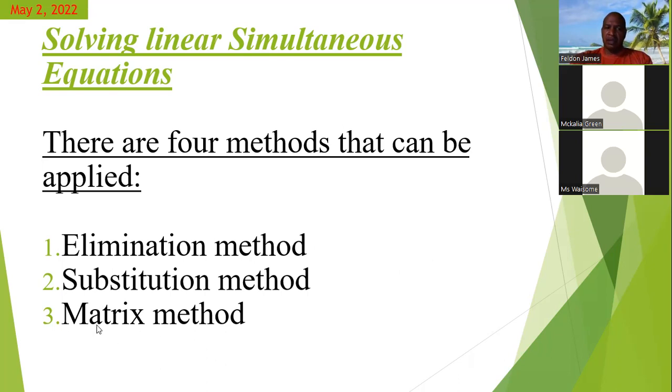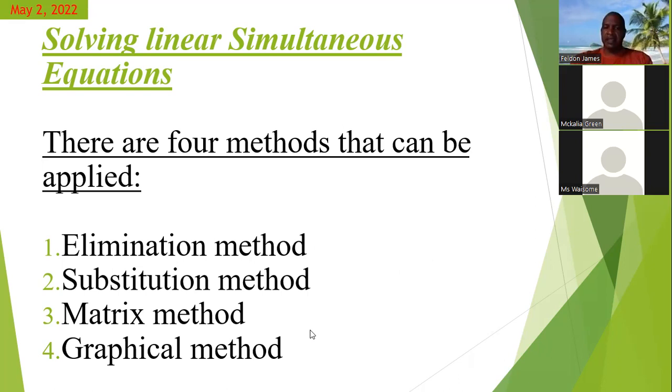So we will also see how we can solve simultaneous equations using the matrix method. And graphically, I had mentioned before that you can plot both equations on the graph, look at the point of intersection, find what the x coordinate is and what the y coordinate is at that point, and those give you the solutions. All right, so these are the 4 methods that you should be able to apply.